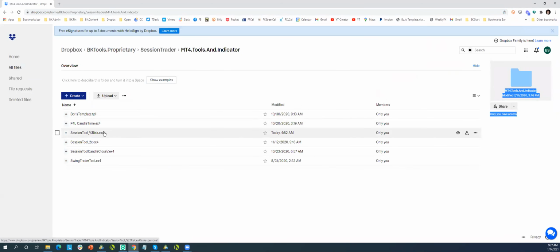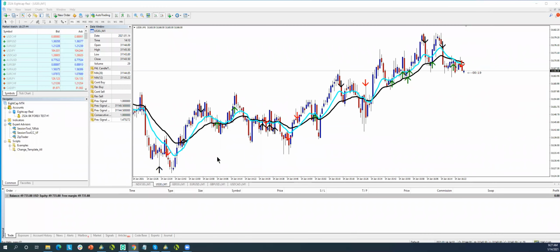The tool is there. I'm going to have to rename all this, it's just getting too nested in here. But the new tool that I'm using, the percent risk tool, both in MT5 and MT4 versions now, is ready to go. It's the same as this one, with the exception that the take profit is dynamically derived from percent risk.